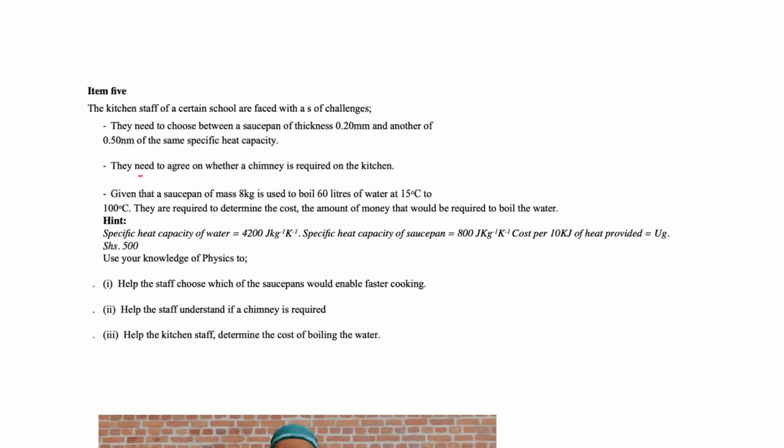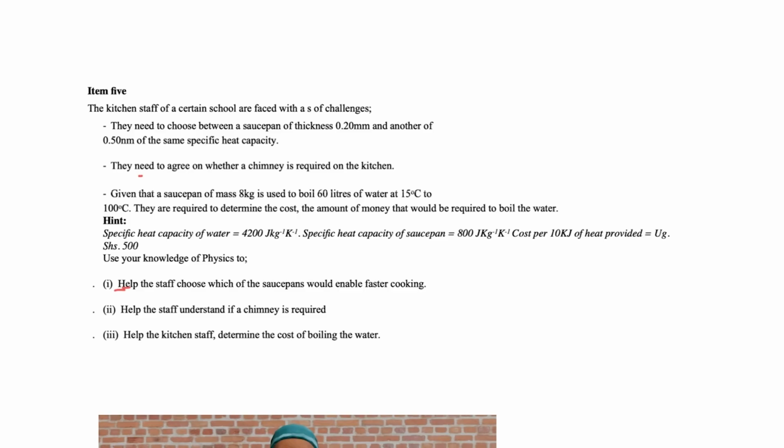Before we come up with a solution to our first item, our first task, let us go back to our scenario and identify what we should first understand before attempting our question.